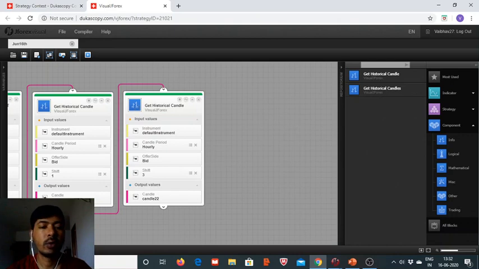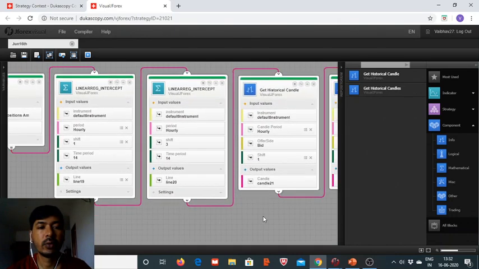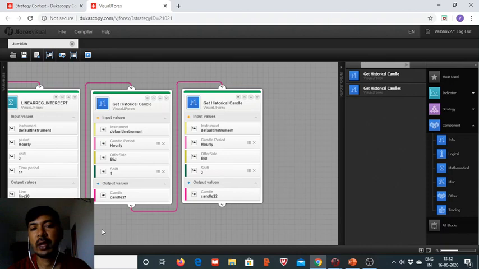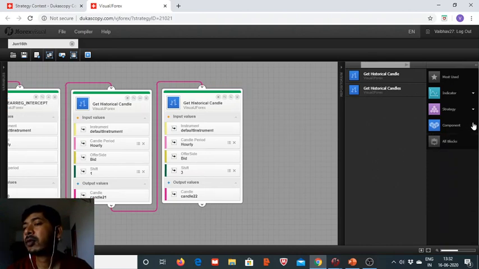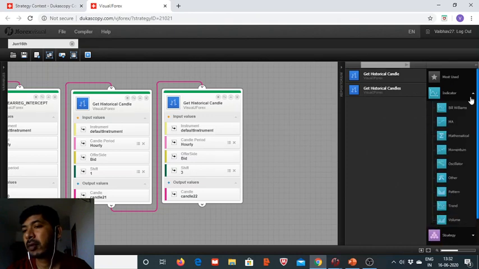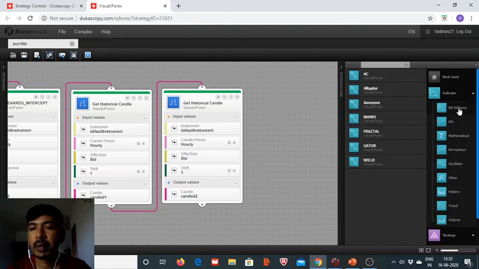what we have to do is we have to bring in the Williams R and then the ATR. So where we will find the Williams R? Williams R is developed by Bill Williams.